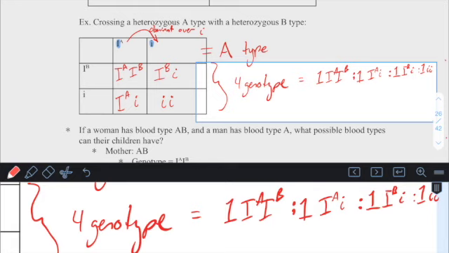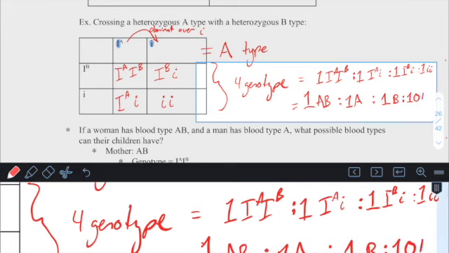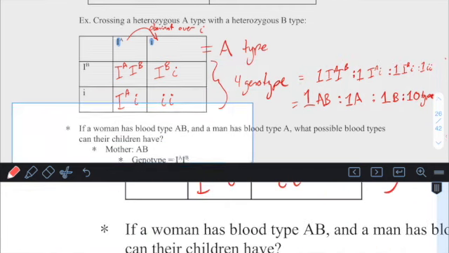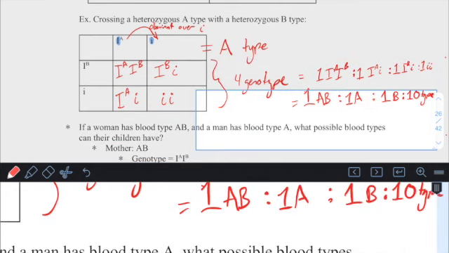Or another way of writing this is to say that we have 1 AB blood to 1 A blood to 1 B type to 1 O type. And so these are our phenotypes.